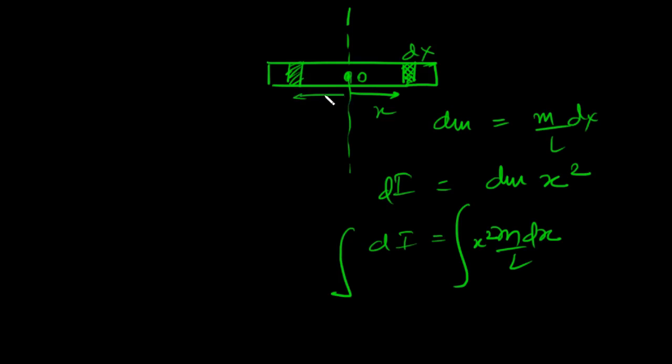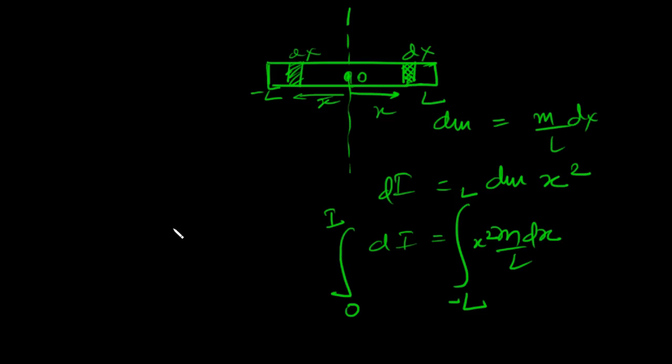So a similar distance would have to be calculated, x, and this would be dx also. But you see, the limit of this mass will go from minus L to L. Since the mass is whole, we will have to take first the left hand side and then the right end.